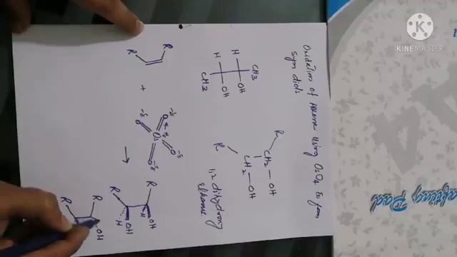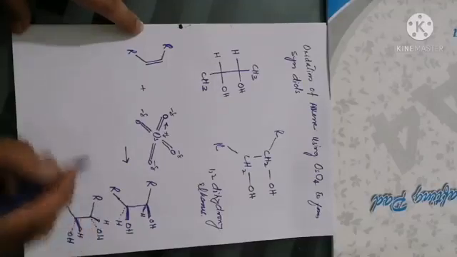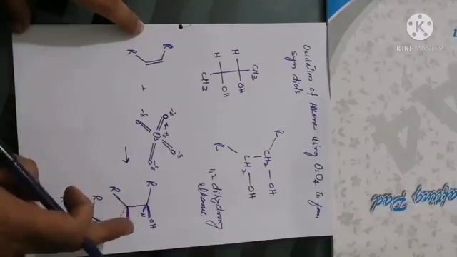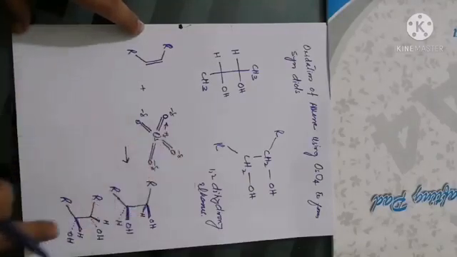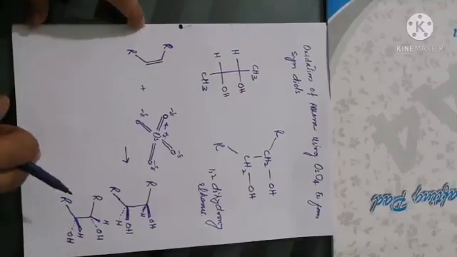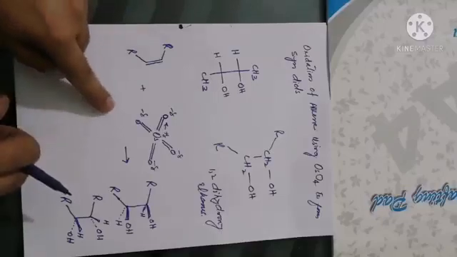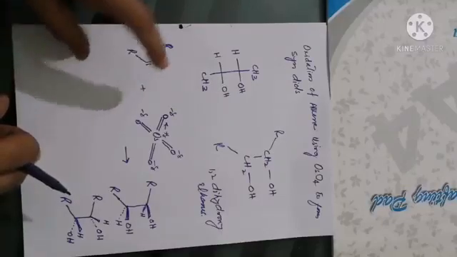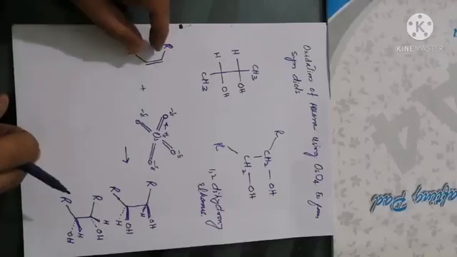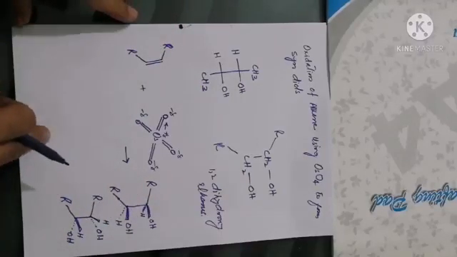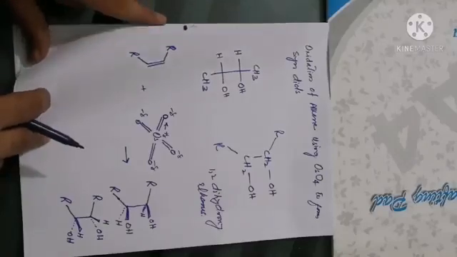It will be clear from the mechanism why I have drawn the two hydroxyl groups on the front side or on the back side. So in this reaction, the thing to remember is that osmium tetroxide is used to convert an olefinic double bond into diols. Let's look into the mechanism of this reaction.